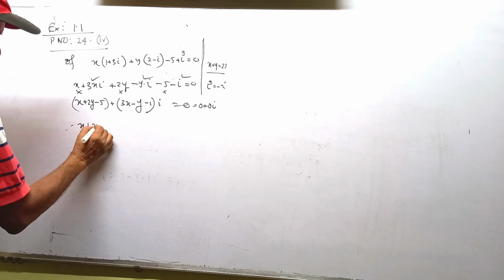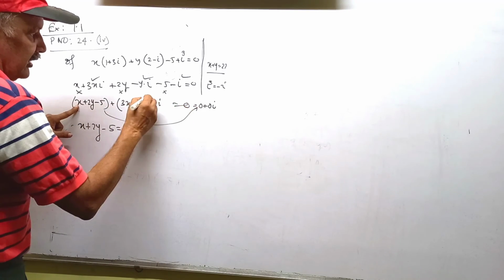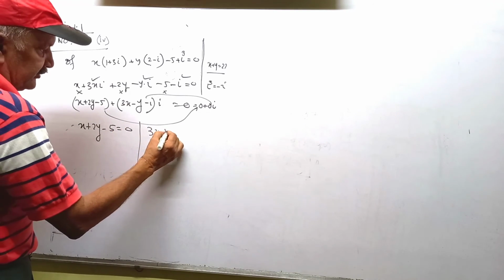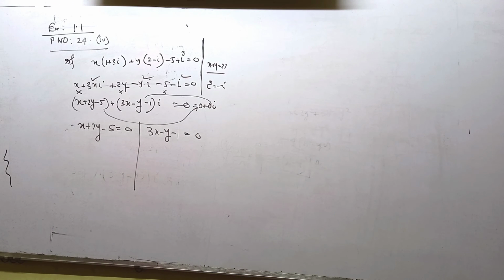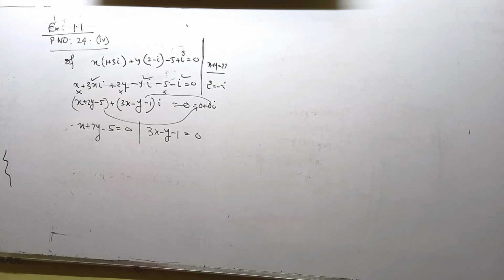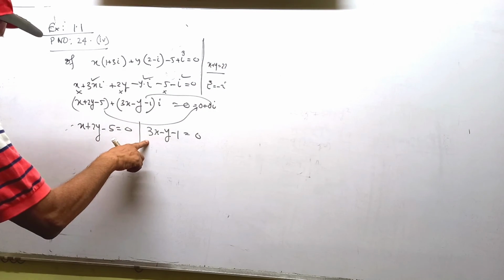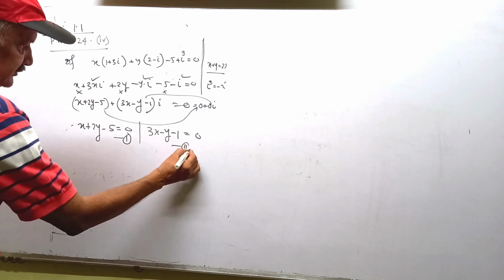That means x plus 2y minus 5 equal to 0 for the real part, and for the imaginary part 3x minus y minus 1 equal to 0 also. Now we have to solve x and y from these two equations so that we can determine individual x and y. Equation number 1, this is equation number 2.